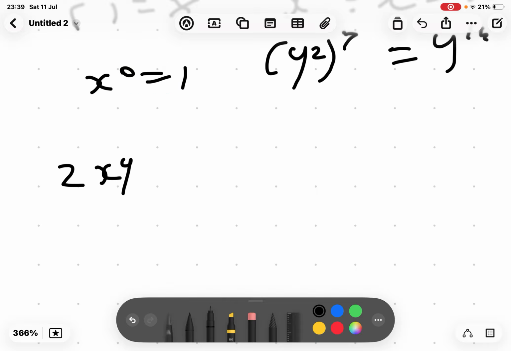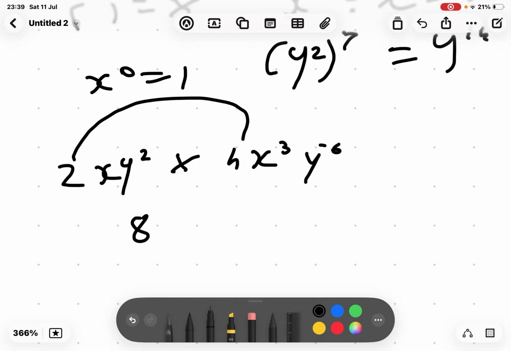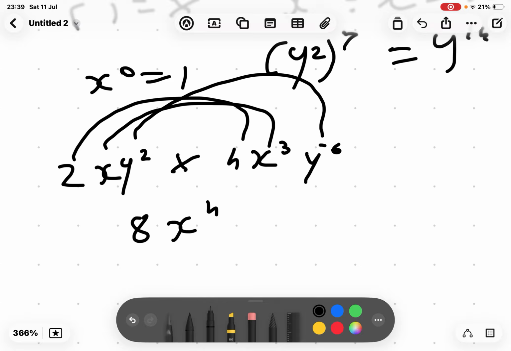2y squared times y to the power 3 minus 6. Okay, now these two times 8, these two times x to the power 4, these two times, plus y to the power of minus 4.